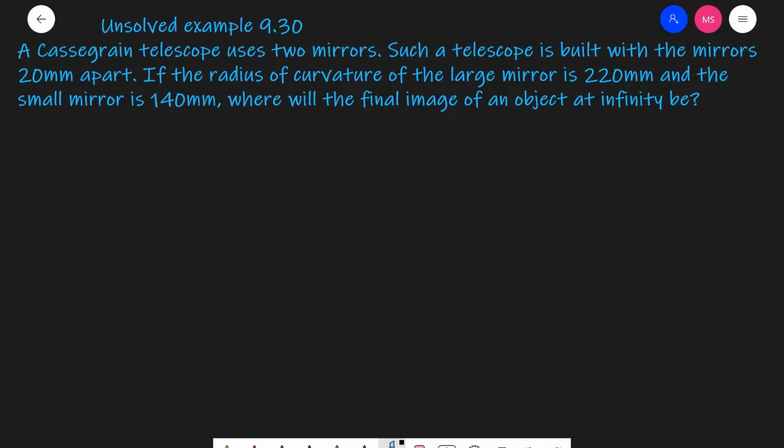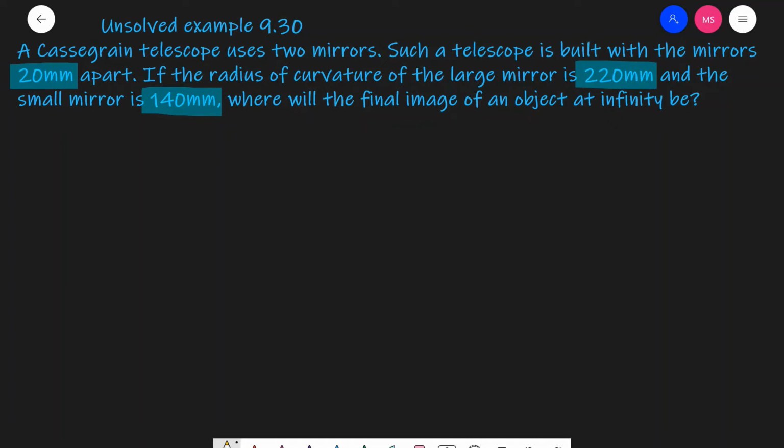So in this example, the distance between two mirrors is given as 20 mm. The radius of curvature of larger mirror, that is, you can say that objective mirror or primary mirror, is 220 mm, and the smaller mirror, that is secondary mirror, is 140 mm. We have to find the final image distance for an object which is kept at infinity.